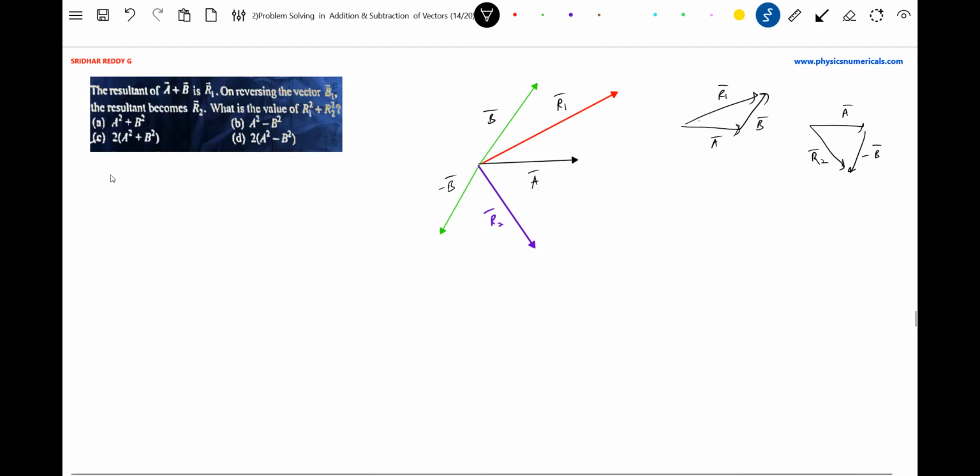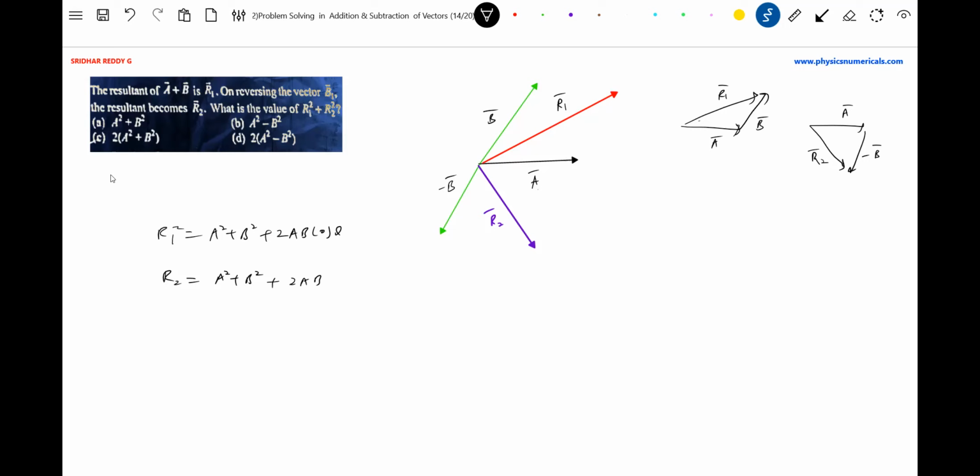Then what is the formula? For addition of vectors, R1 square equals A square plus B square plus 2AB cos theta. For subtraction of vectors, A square plus B square plus 2AB cos of the angle between A bar and minus B bar. If this angle is theta, what can be this other angle? It is 180 minus theta.